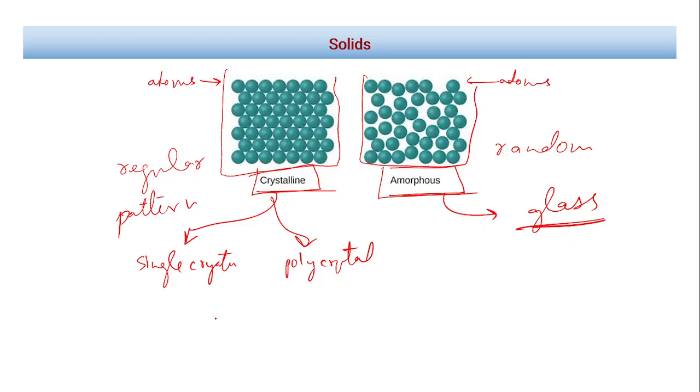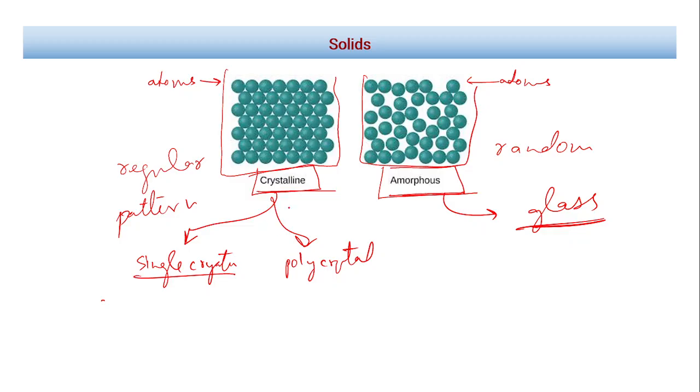And single crystal versus polycrystal: if I have this chunk or piece of material and the atoms are arranged throughout in only one kind of arrangement, it's called a single crystal.